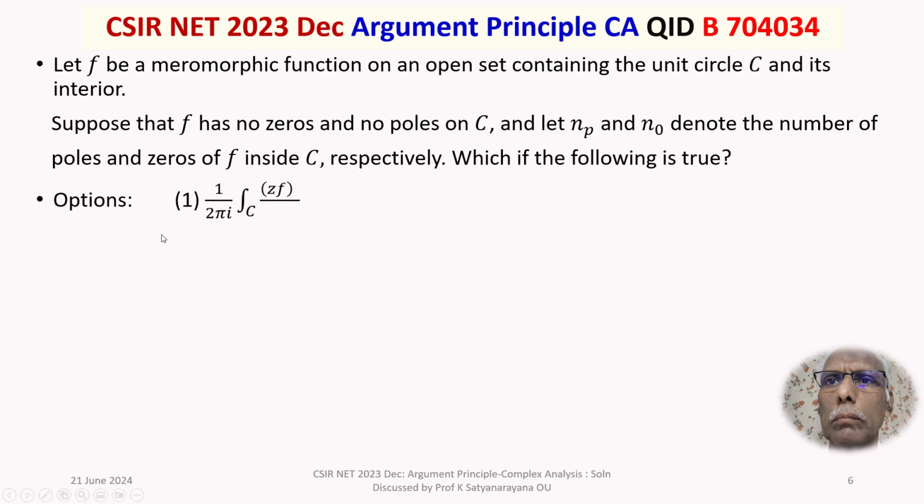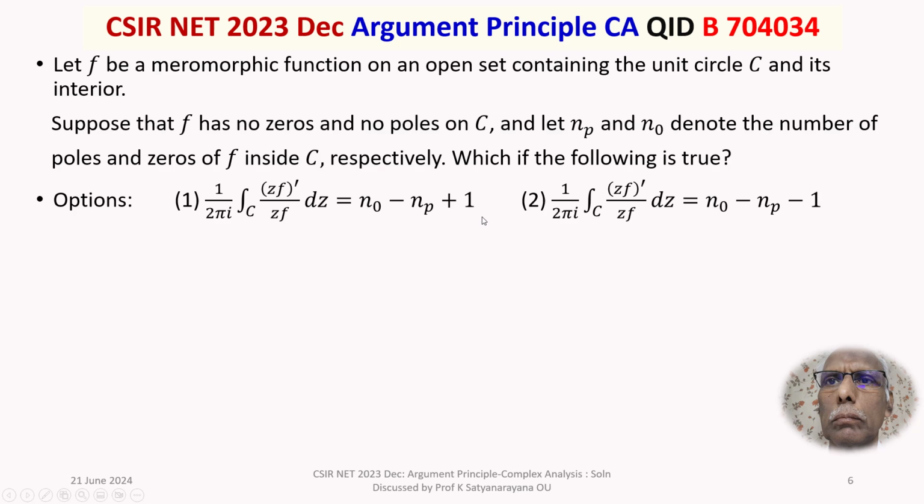We are given 4 options. In each of the options, the value of 1 by 2 pi i integral taken round C of z f prime by f with respect to z is equal to, different answers are given.